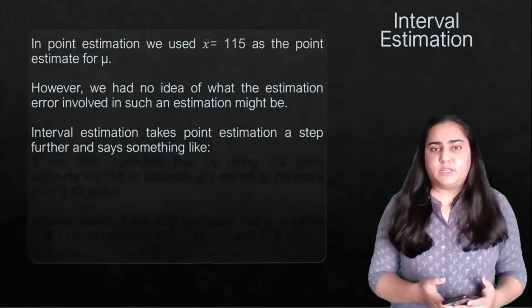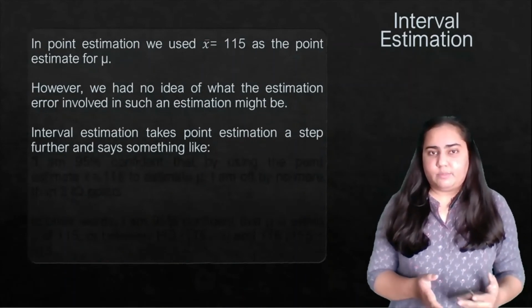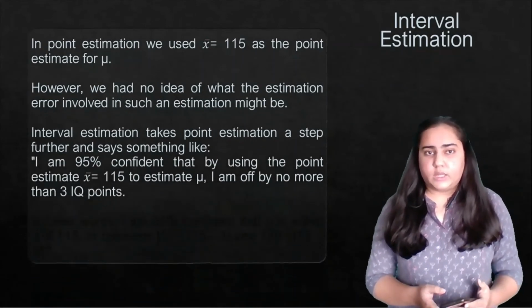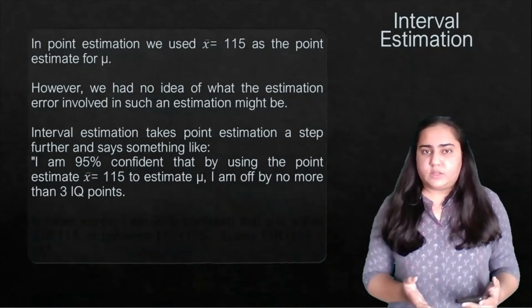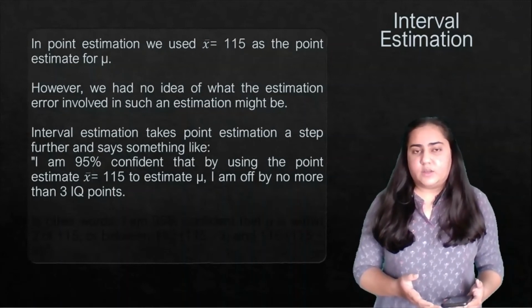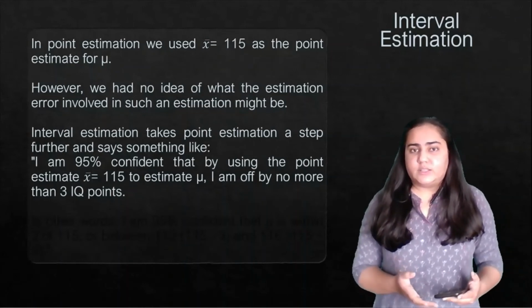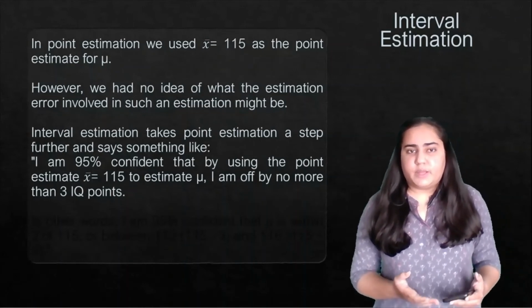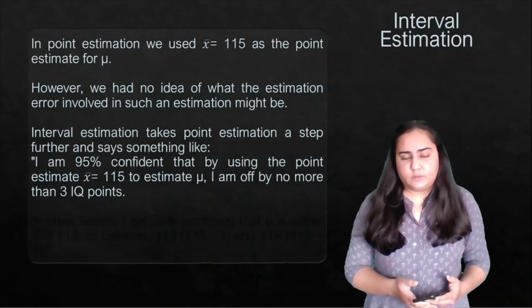So interval estimation takes this point estimation a step further and says something like, I am 95% confident that by using the point estimate bar x equal to 115 to estimate mu, I am off by no more than 3 IQ points.